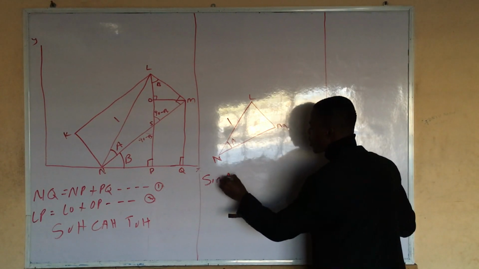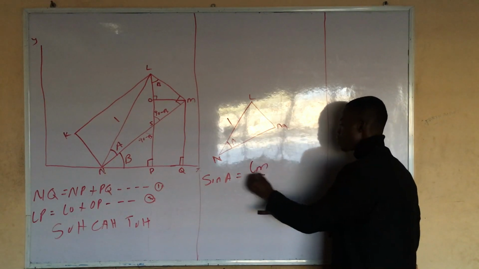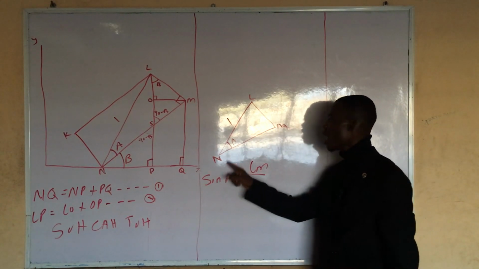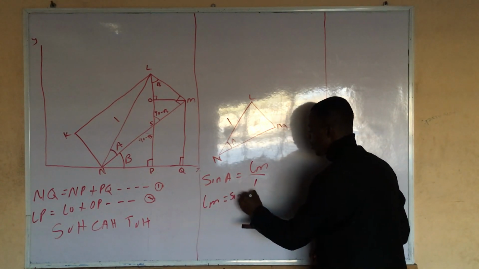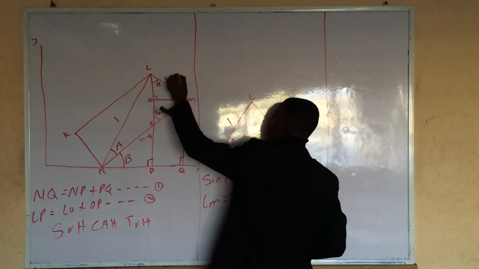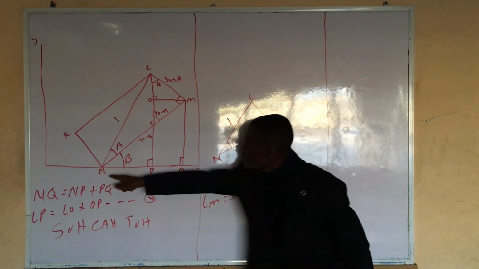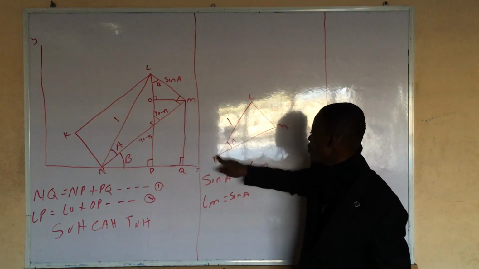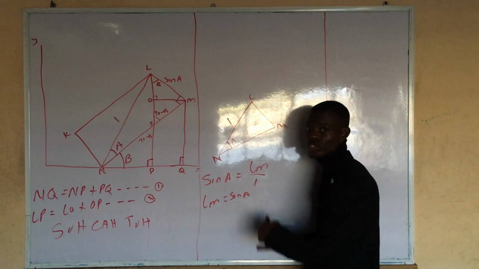Sine A will be equal to what? NM, the opposite, over the hypotenuse 1, which means NM is simply sine A. That's incredible. So I'm just going to put sine A like this. Perfect. So now, what about this MN? Let's use the cosine. That will be the best function to use.